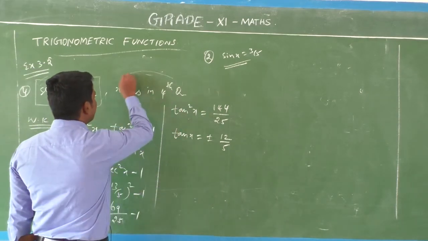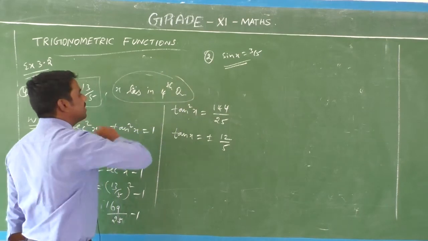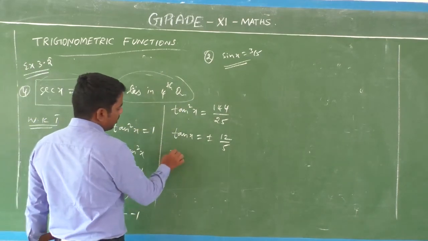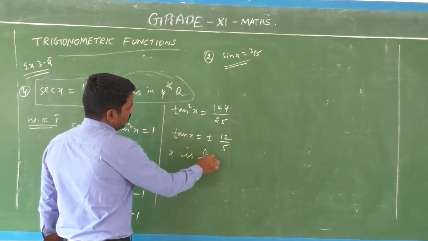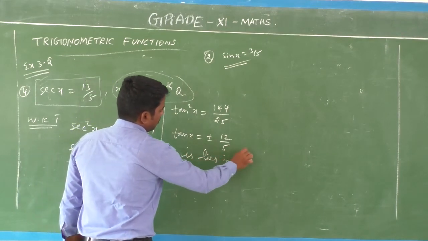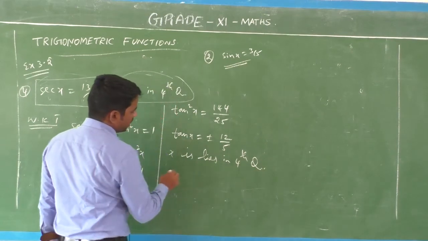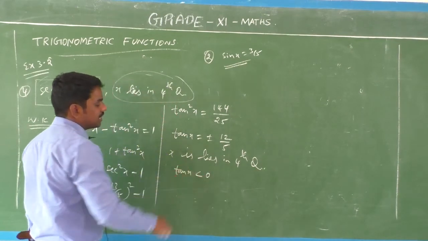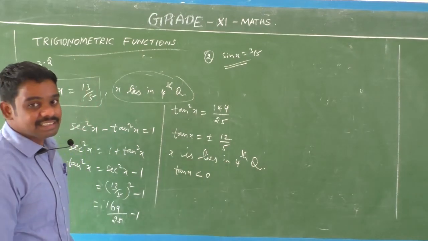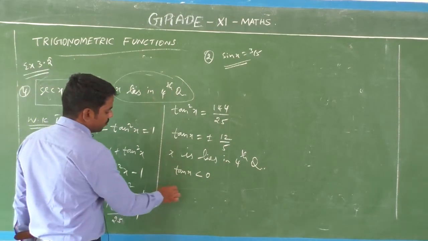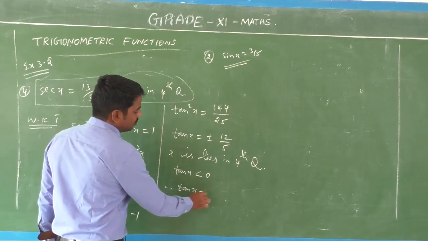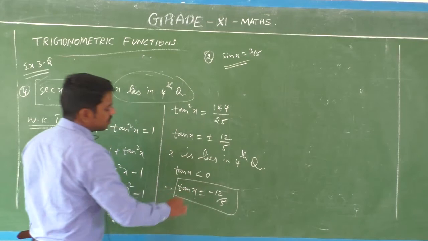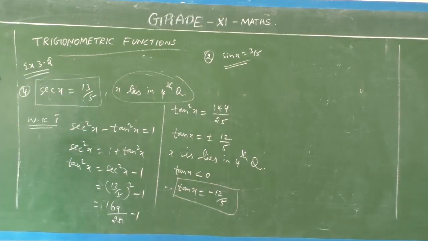Here, given information, x lies in the fourth quadrant. Therefore, tan x value is negative. In the fourth quadrant, tan x value is negative, tan x is less than 0. Therefore, tan x is equal to minus 12 by 5.